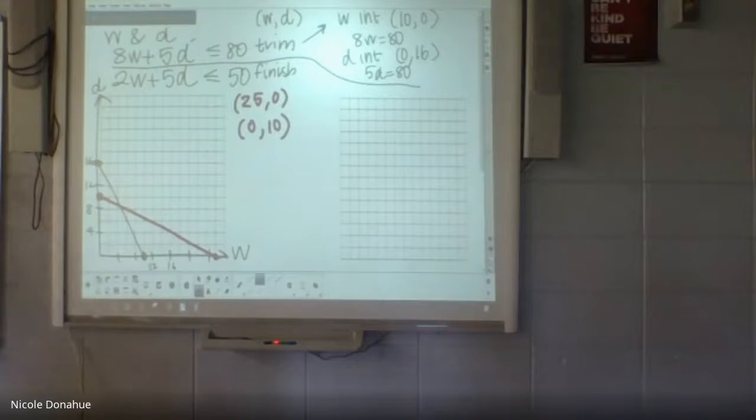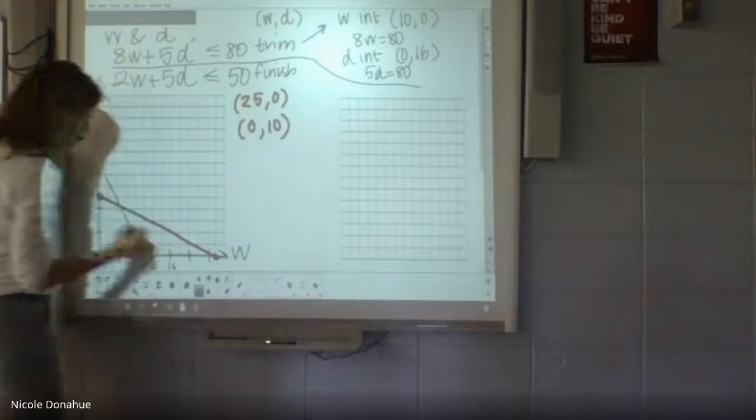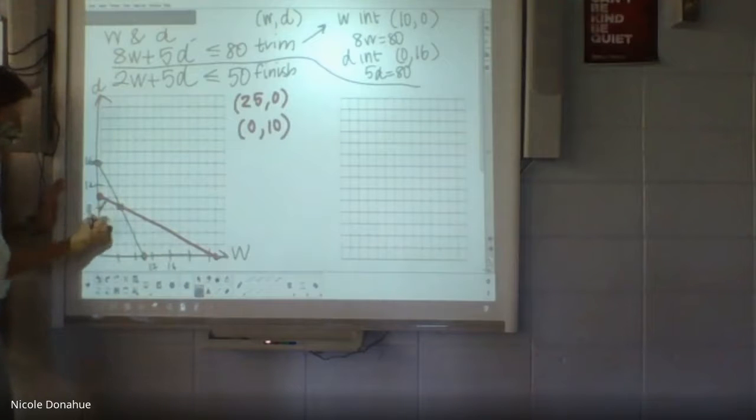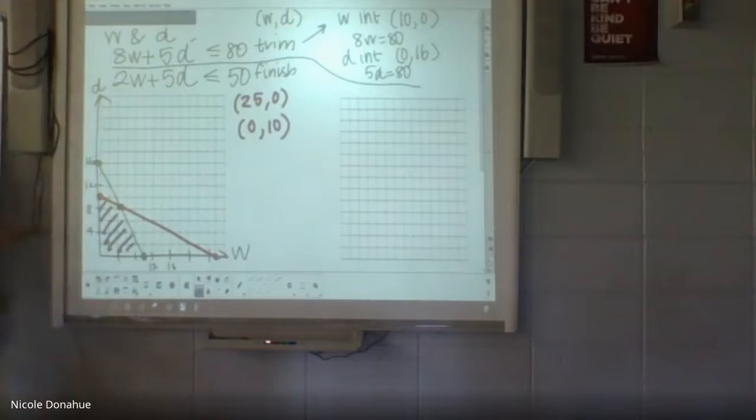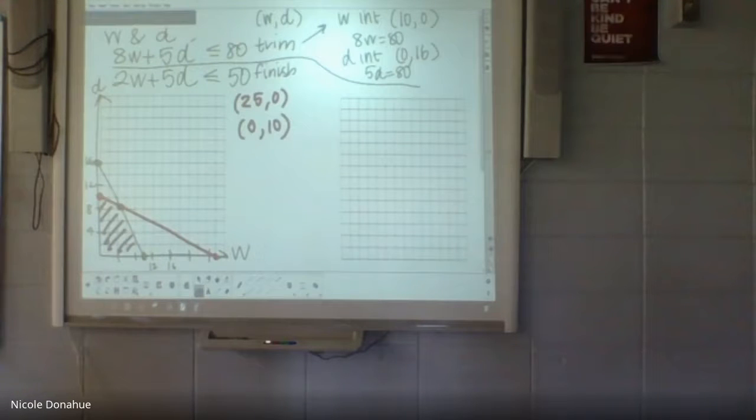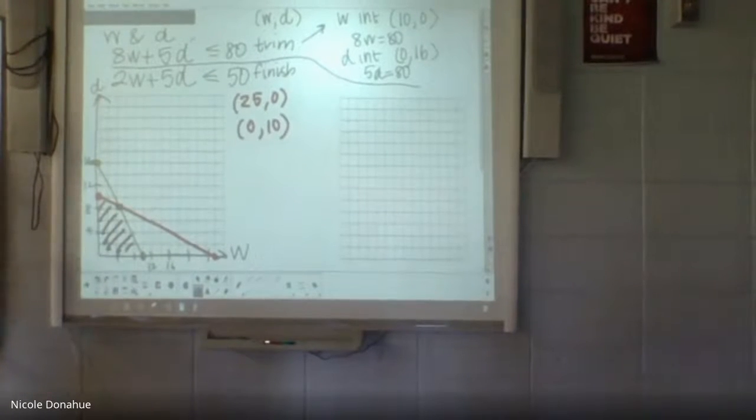So we have to figure out that intersection point, because all the shading should be under here. Those are the bats where it actually makes sense. That looks like it's about 4, 8-ish. Yeah, 4, 8.